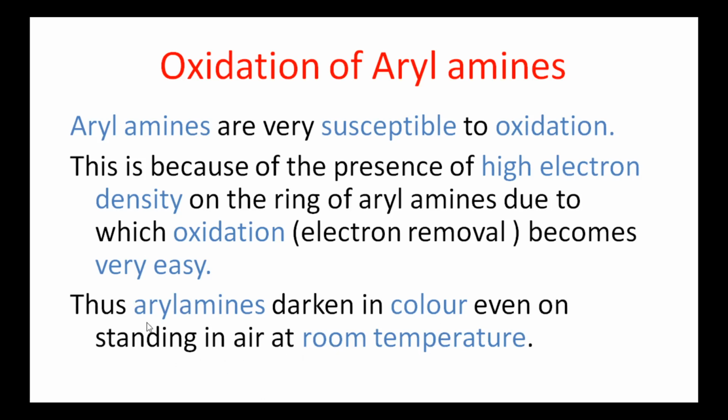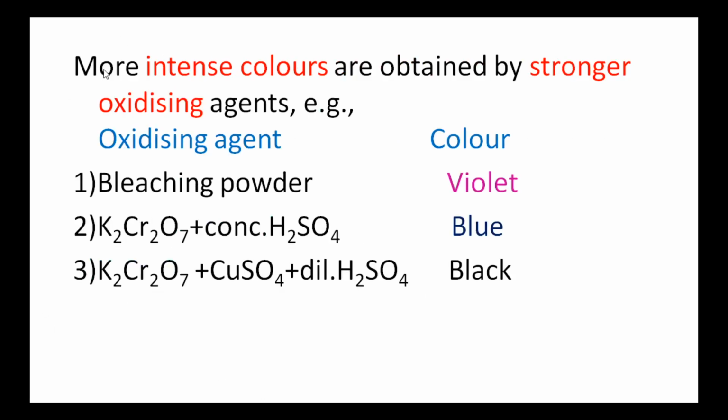Thus aryl amines darken in color even on standing in air at room temperature. When an aniline bottle is fresh, it is colorless. By frequently opening its lid, it becomes brown in color due to oxidation in the presence of air. More intense colors are obtained when stronger oxidizing agents are used.